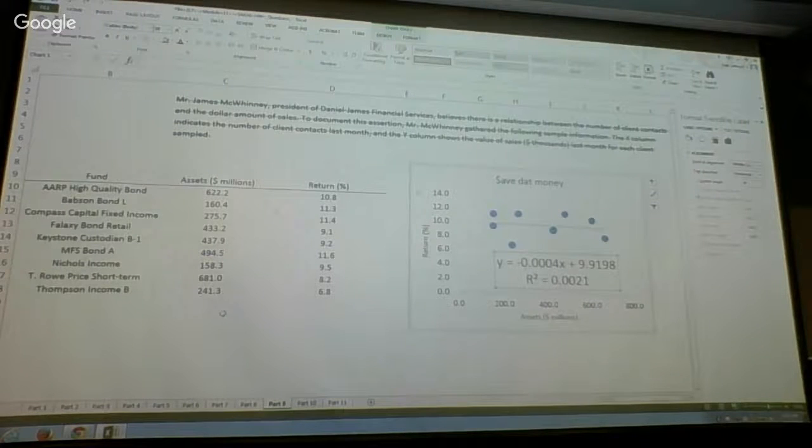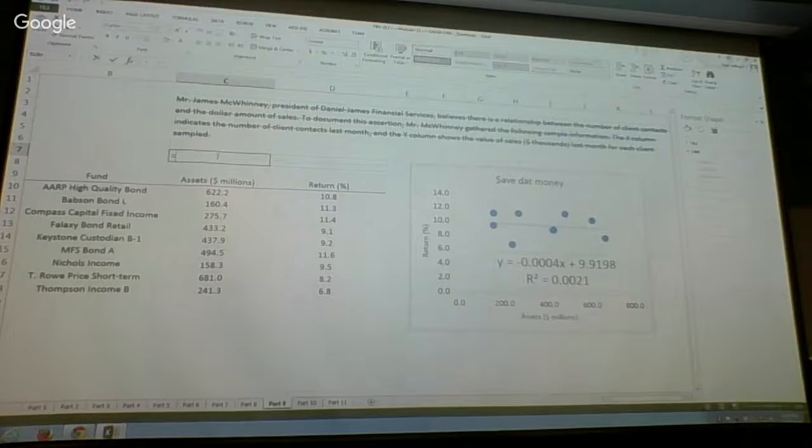So, can anybody remind me of what the function is? Correlation. Yes, and then highlight the what? Sounds good to me.